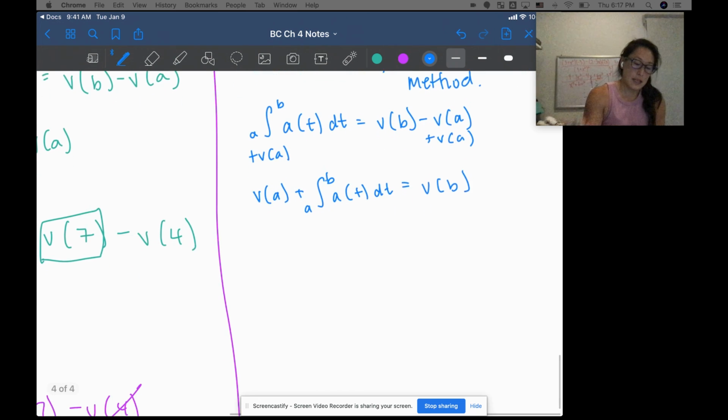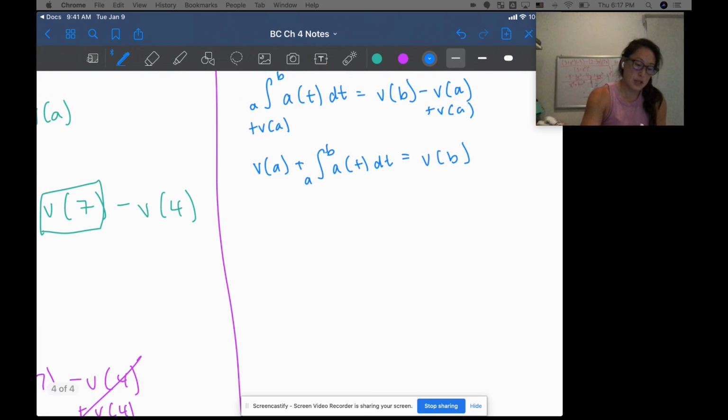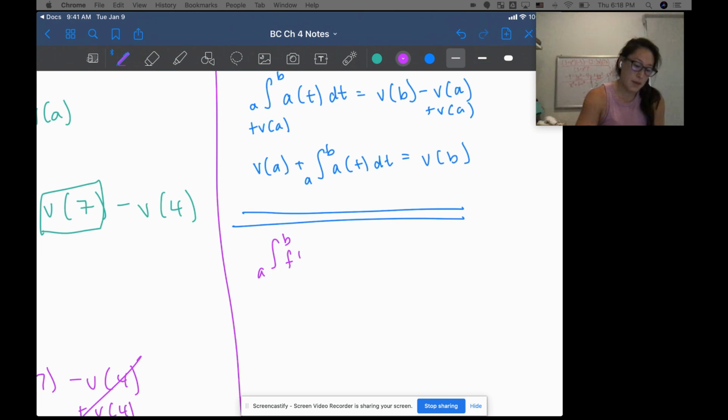Okay, this is in terms of velocity and acceleration, but if you're using regular old f of x notation, we'd say the integral from a to b of f prime of x dx is equal to f of b minus f of a. A is our starting value, so we're going to say f of a plus the integral, so this is our start, plus our accumulation.